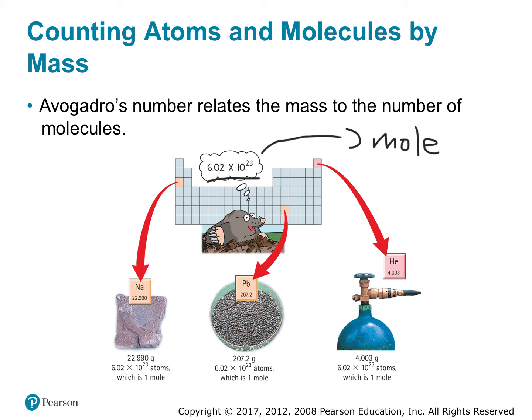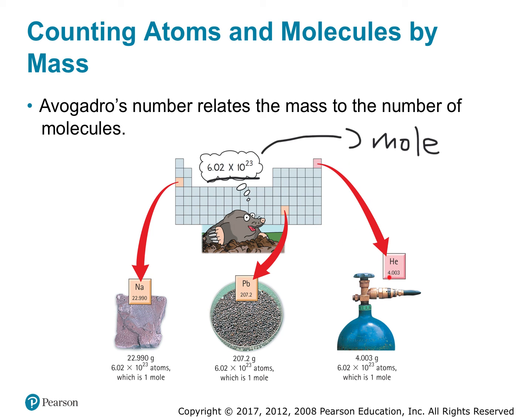Now, here is the cool thing about the mole. Let's consider 3 different elements off of the periodic table. So here we've got sodium, which has the chemical symbol Na. Here we have lead, which has the chemical symbol Pb. And we have helium, which has the chemical symbol He. And let's consider helium.